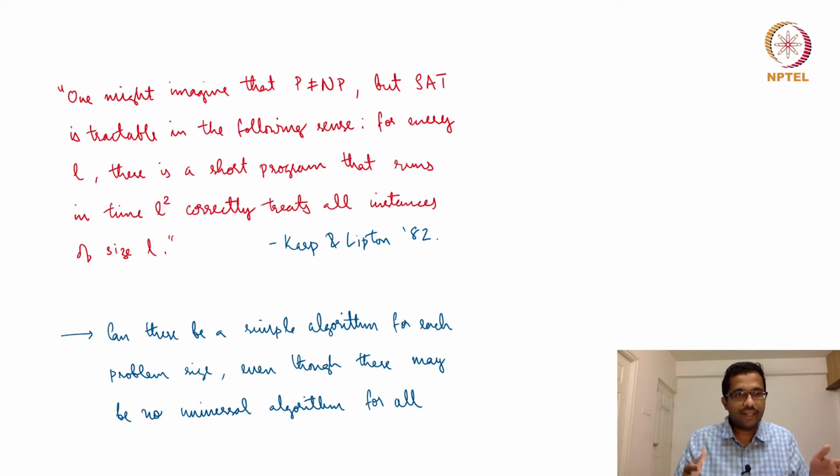So for a certain L, there is a fixed way; for a different L, it's a different way. And even coming up with the way may not be straightforward. Because of this, you cannot get a polynomial time algorithm that applies to all the problem instances, all the problem sizes.